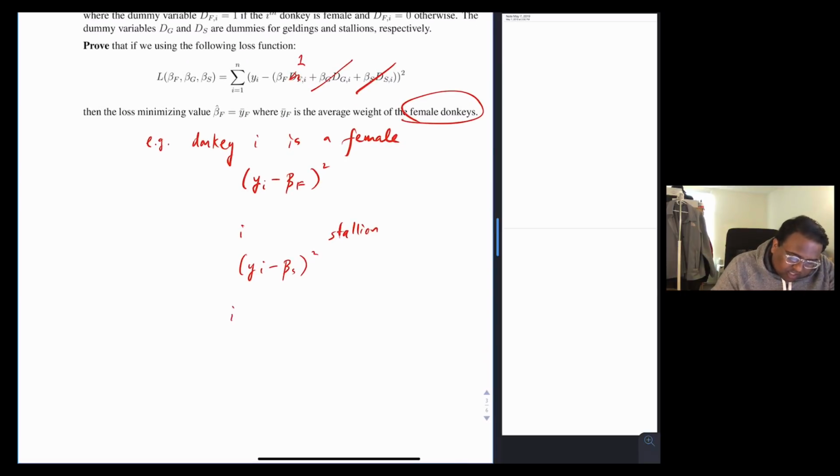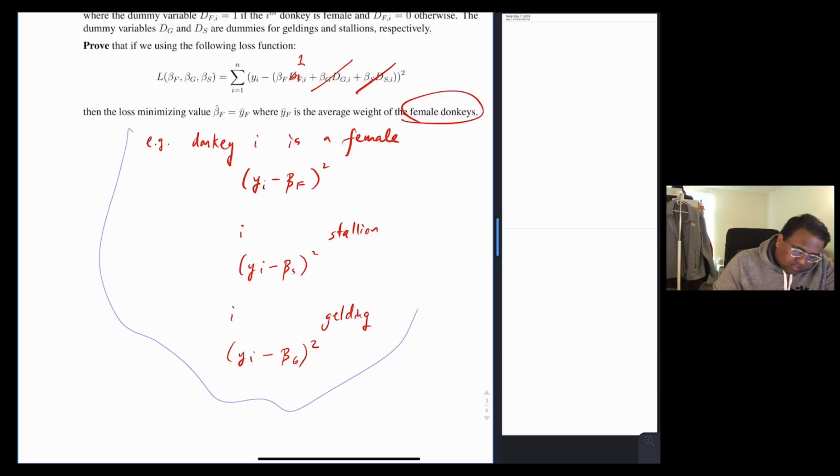And if it's a gelding, then the loss for that point is yi minus beta G squared. So what we can really do is break our loss function up into 3 separate sums. One for the female donkeys, one for the stallions, and one for the geldings. Okay, so let's do that.